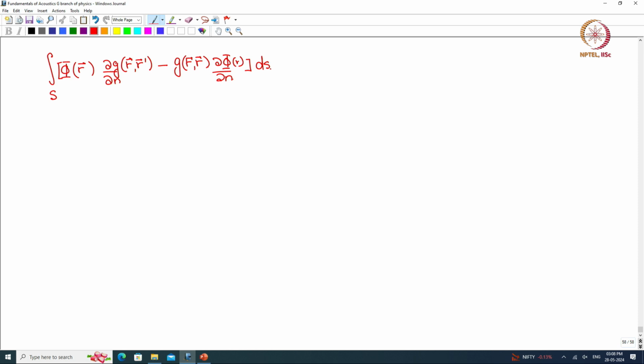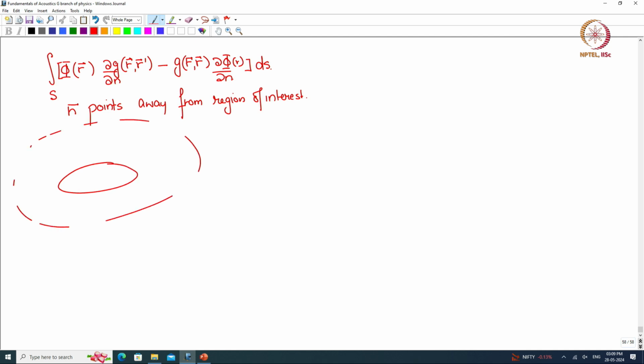Okay, here also n points away from the region of interest. So if I have this volume and the imaginary surface at infinity, S, and this sphere with epsilon radius, and this is the region of my interest.